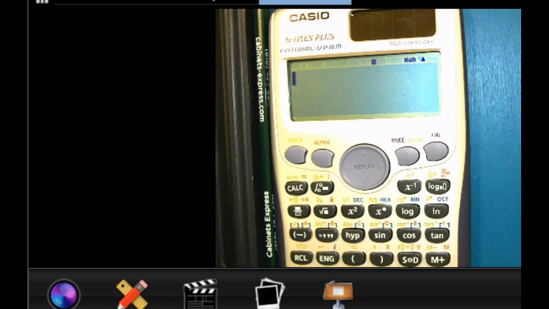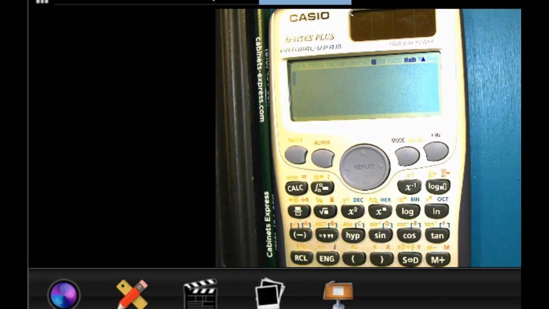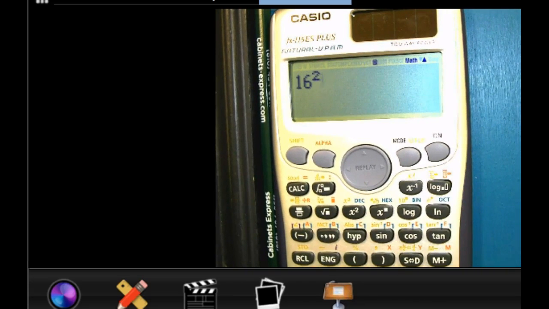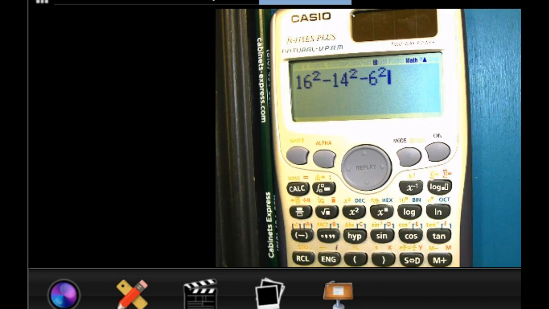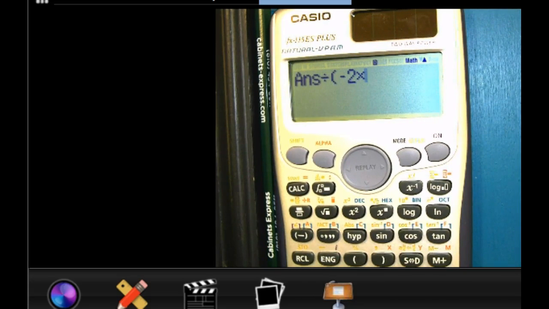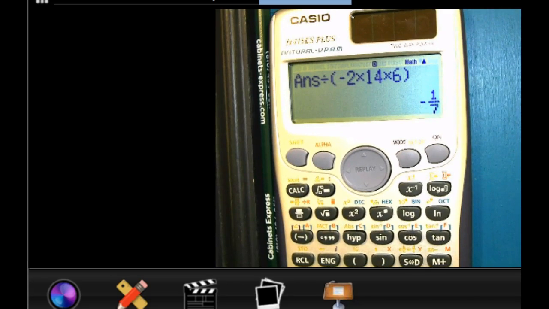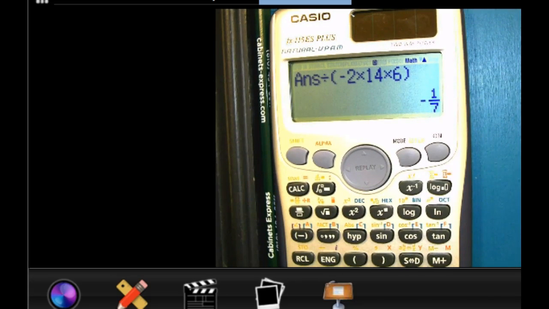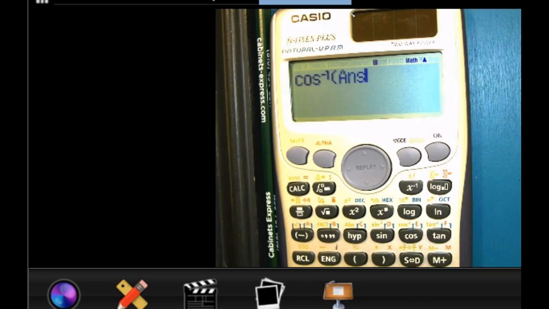So in my calculator, I would do 16 squared minus 14 squared minus 6 squared. And then I would divide that by negative 2 times 14 times 6. So I get negative 1/7, but that's not my answer, right? What do I need to do with that? Cosine inverse. Yeah, cosine inverse of my answer.